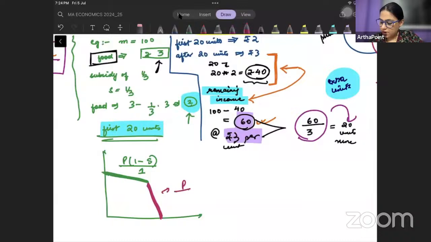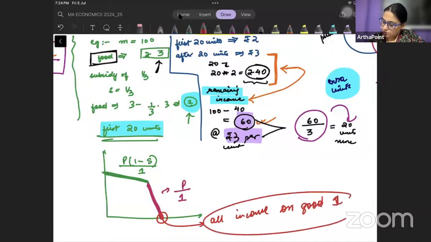So this is P by 1. This is what it is saying. Yes, exactly, similar to the food stamp program. And it is asking me about this point: if I spend all income on good 1, how many units of good 1 can I buy? This is what the question is asking me.